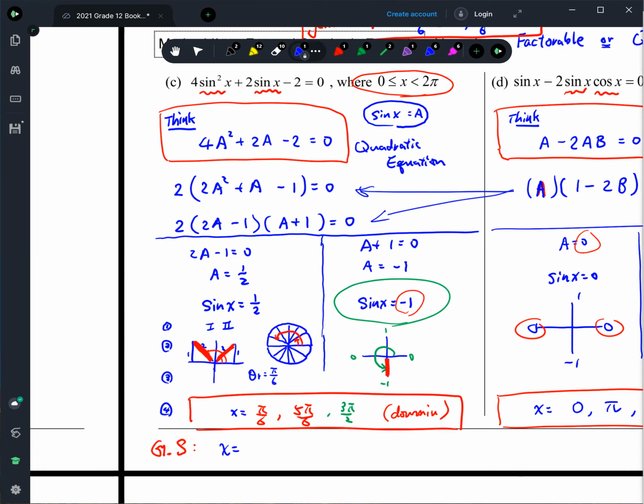Pi over 6, and then you add 2 pi n. The n represents that it can make multiple turns. If you only write 2 pi, it means only add one turn. But you want to represent in general. General means represent all the answers, not just the first answer or second answer. So that's why you write the n.